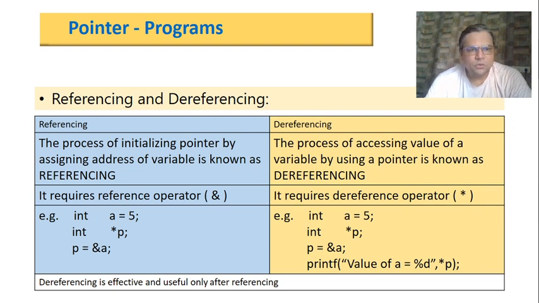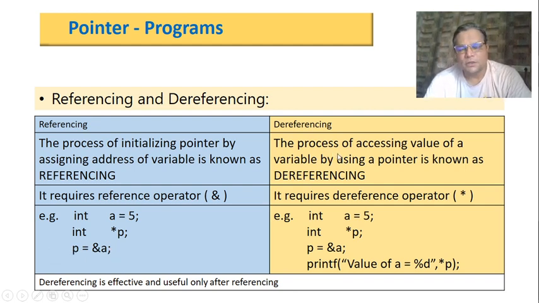The operator used for referencing is the AND operator, also known as the address operator. For example, let us declare an integer variable a whose value is 5. Let us declare a pointer p for the integer data type. When we write p is equal to &a, we are assigning the address of variable a to the pointer. This is known as referencing. I hope referencing is clear to you.